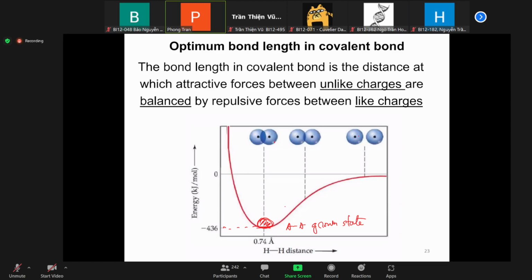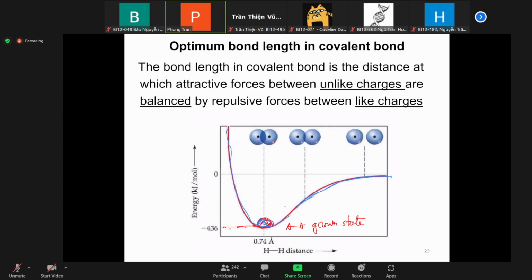But in reality, when I give you one molecule in the ground state, it's not only this unique value that you should imagine. You should imagine the molecule here, at the bottom of a diagram like this.